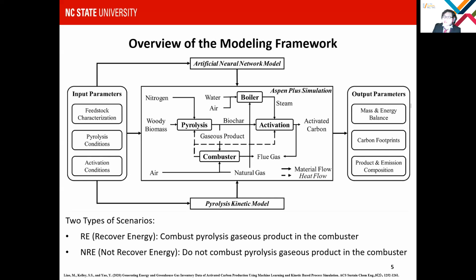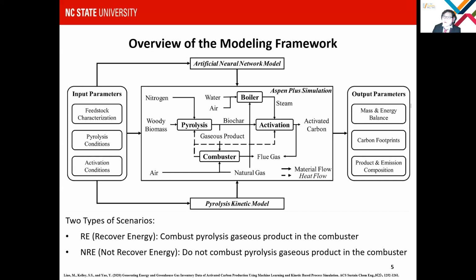The gaseous products from the pyrolysis are combustible, so we try to assume two different types of scenarios, RE and NRE. RE means we combust this pyrolysis gas along with the natural gas that provides energy, and the NRE means this part of gas is not combusted.